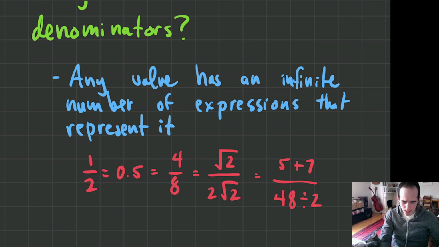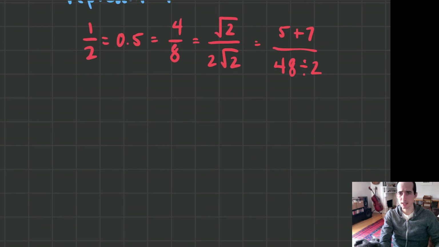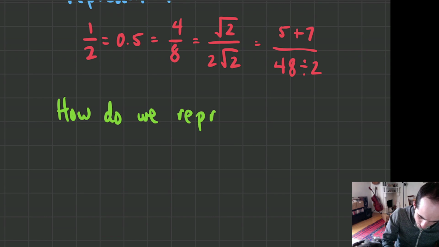So at some point we have to say, okay, look, what is the one representative way that we can express this value? Mathematicians often ask themselves, how do we represent this value?